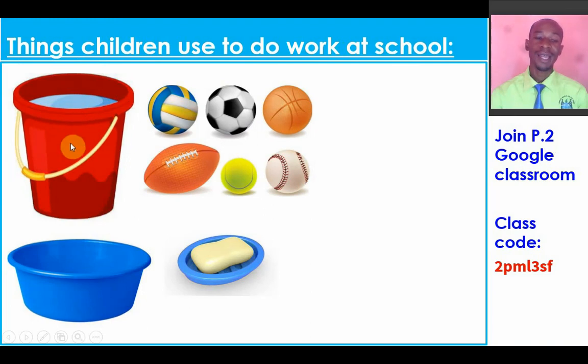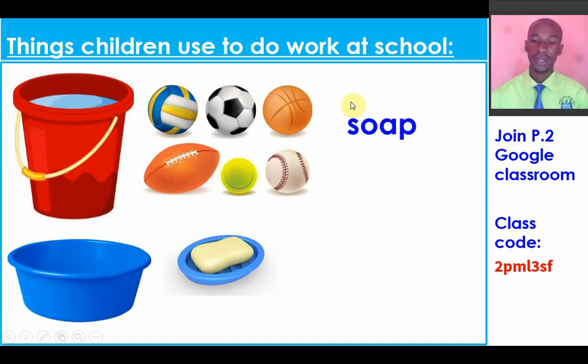Leaving the other ones, we have here a bucket having what I need. If you are going to wash clothes at school or to bathe, you need a bucket and water. You need soap. You need a basin. How about if it's time for break and you are going out to play, time for co-curricular activities? You need different balls because we have different games. Now we need to write them. What are they?